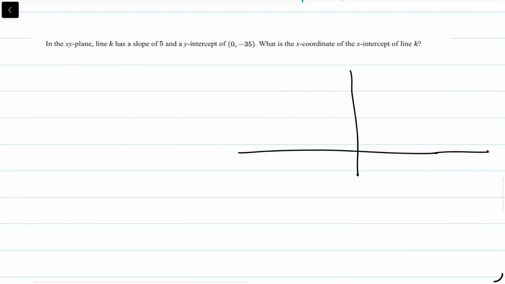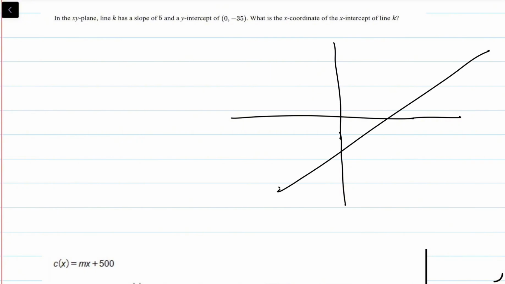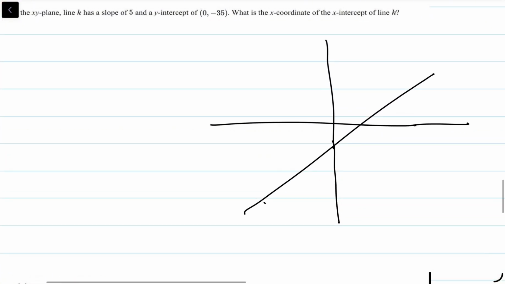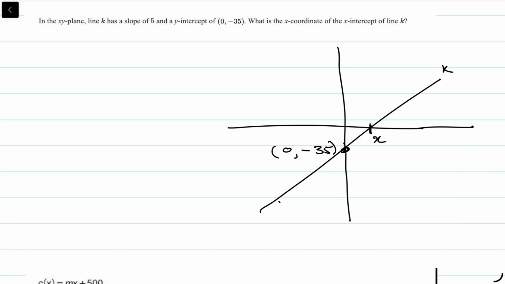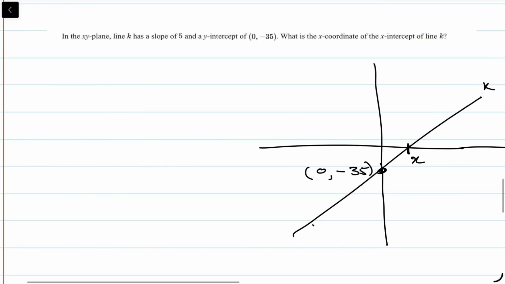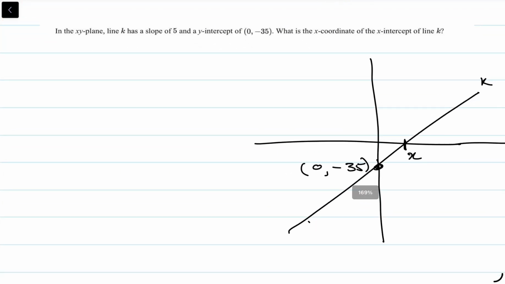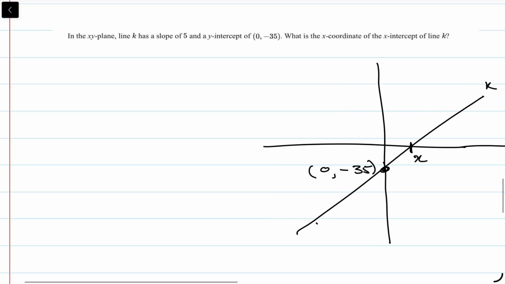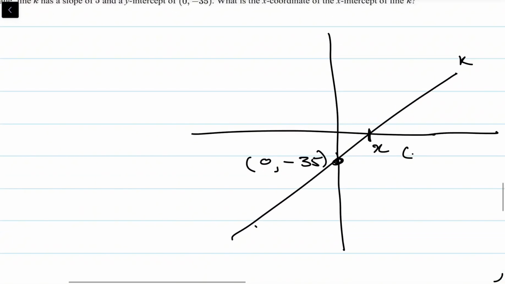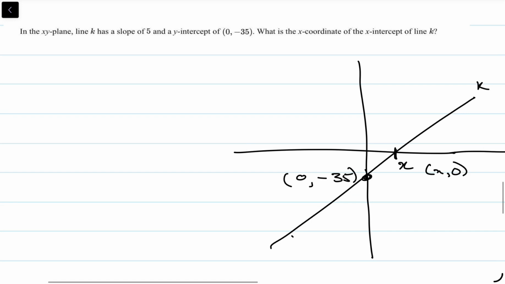Okay, so the line K has a slope of 5 and a y-intercept of negative 35. So the line is something like this. We know that this is minus 35, 0, minus 35, and we don't know what this is. This is our line K. So we know the slope is 5. We have two coordinates, x, 0 and 0, minus 35.